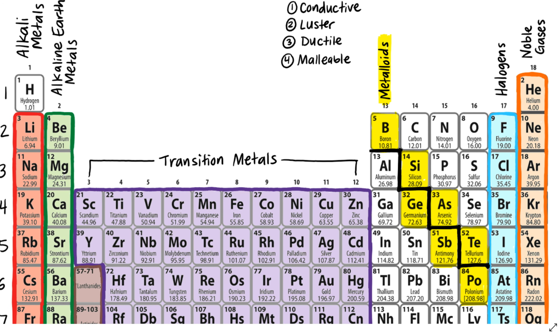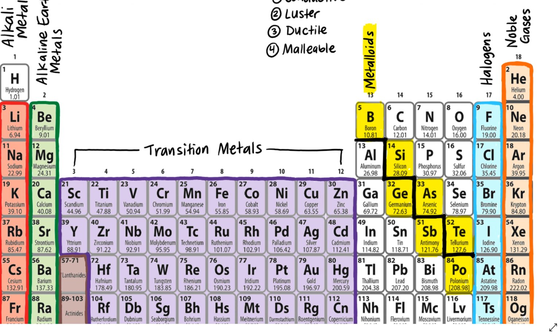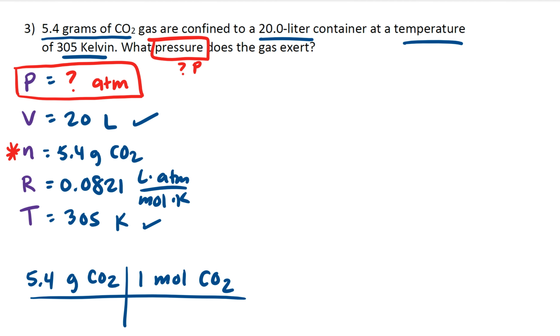So you want to add together a carbon, which has a mass of 12.01, and 2 oxygens, each one has a mass of 16. So that's going to give me a mass of 44.01 grams of CO2. Okay, we know that 1 mole of CO2 contains 44.01 grams of CO2.